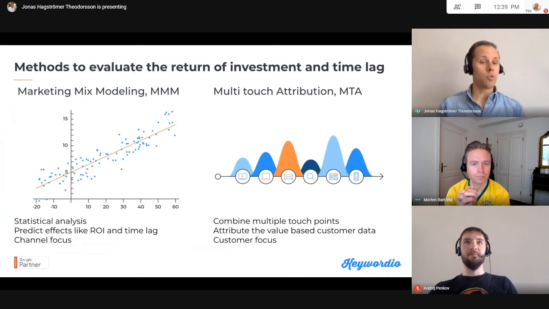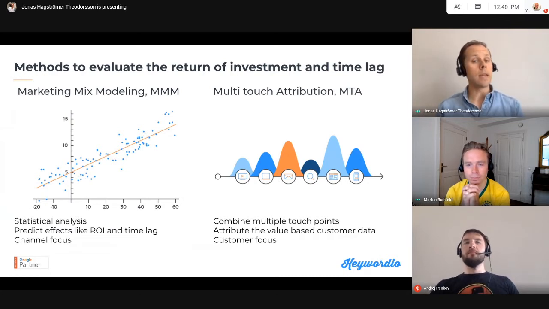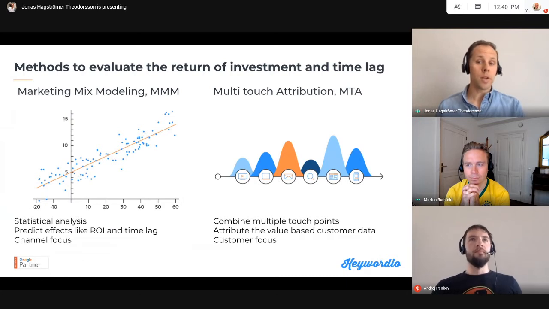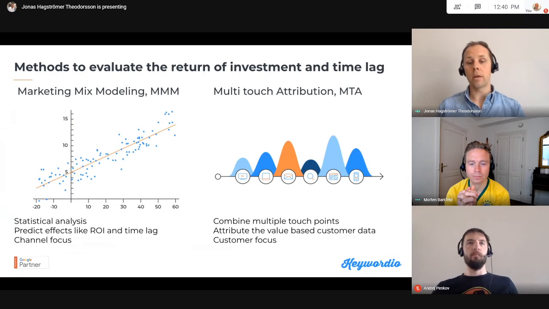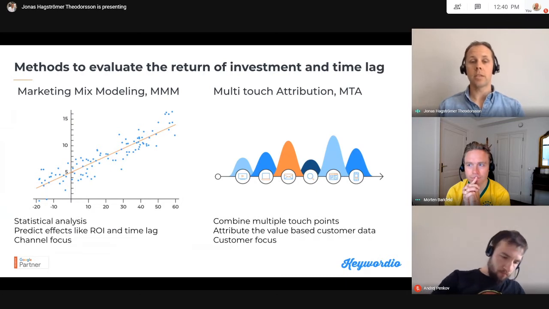But many companies who run this also realize that, yeah, but we don't really have the customer focus here. So then you look into what is called multi-touch attribution, where you try to take more of a customer-centric approach. So, for example, what were the touch points for the customer before they bought something from us?